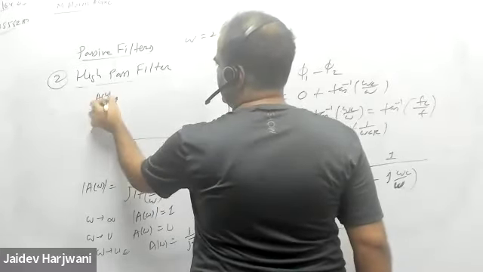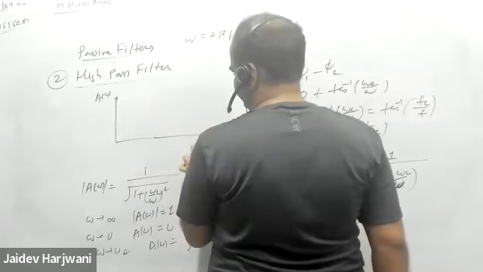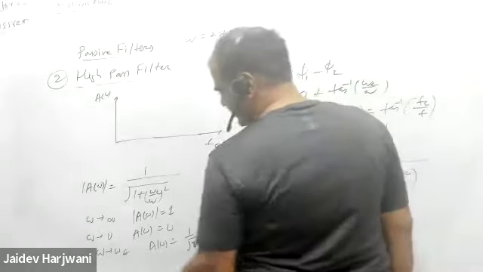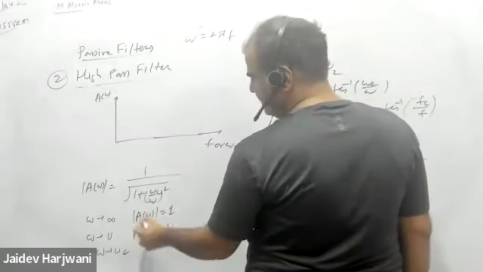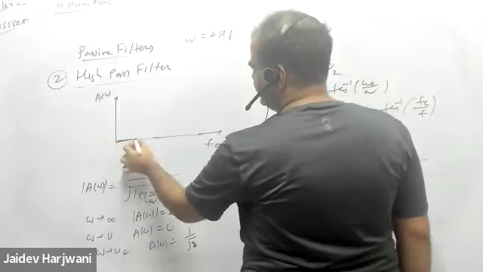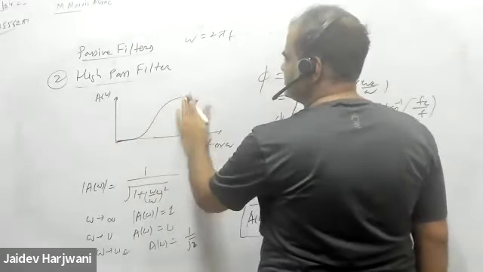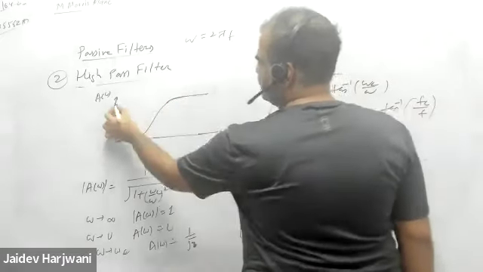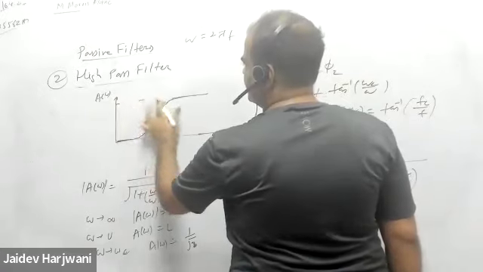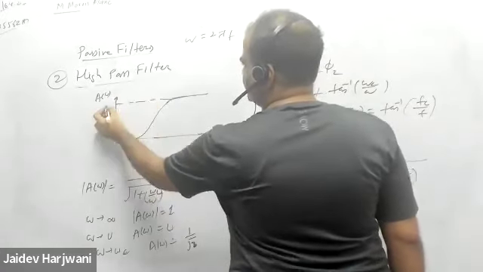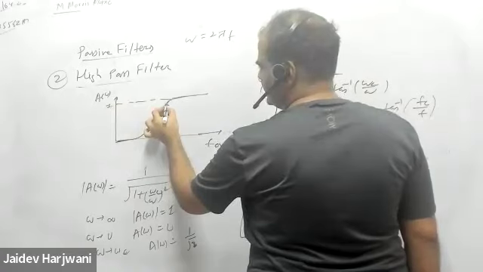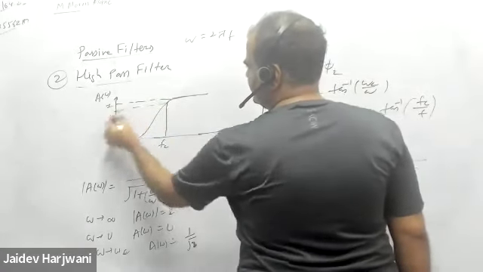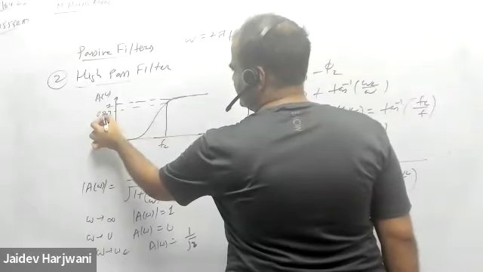Gain versus omega or f. At infinite frequency how much is it? It is 1, at 0 it is 0, so this will go like this. At higher frequency, this will approach 1. And at some cutoff frequency fc, this will be 0.707.